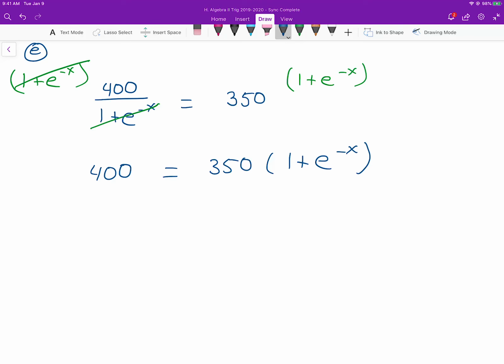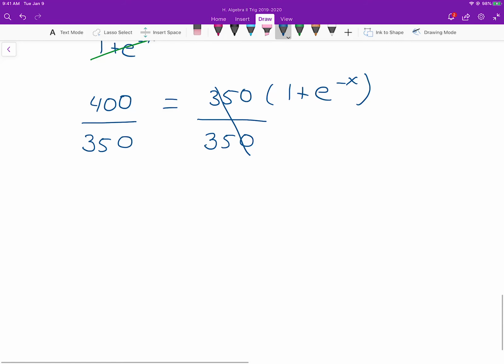I want to get x alone. So instead of doing that, I'm going to divide each side by 350 because we are going to have to do that anyway. And then 350 will cancel out. And now I'm going to reduce 400 over 350.